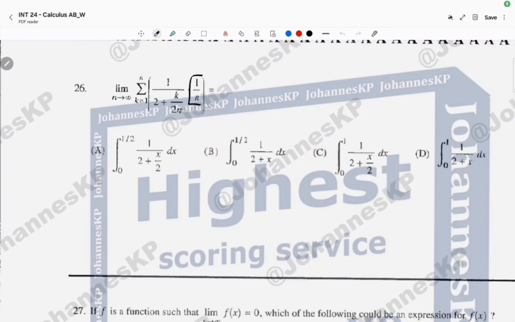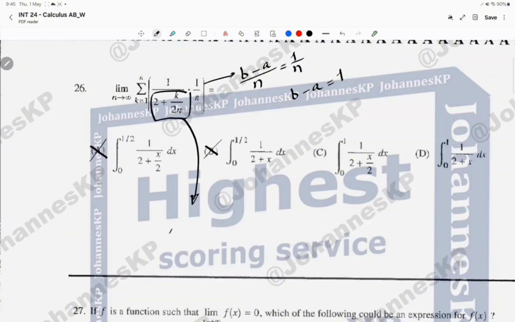Okay, so here we have our b minus a over n, which is 1 over n. That means that b minus a is equal to 1. So it's not going to be choice B, and it's not going to be choice A. That's the first thing you have to know. Next up, here is going to be our x. So x is equal to a plus b minus a over nk.